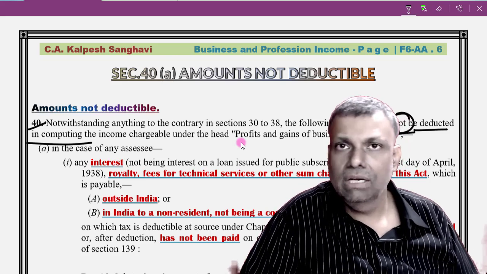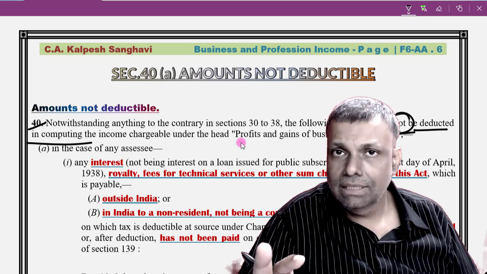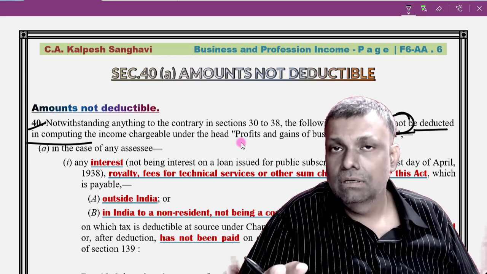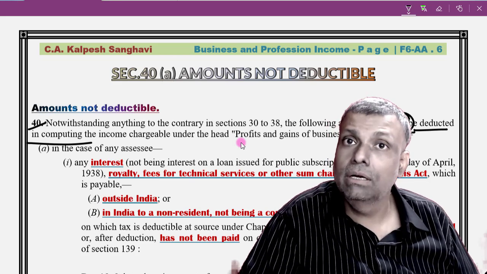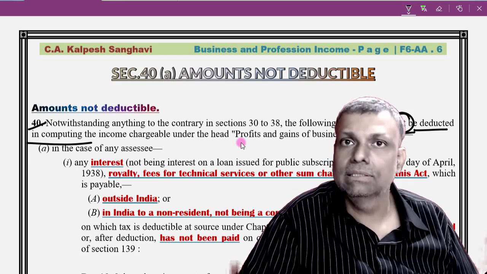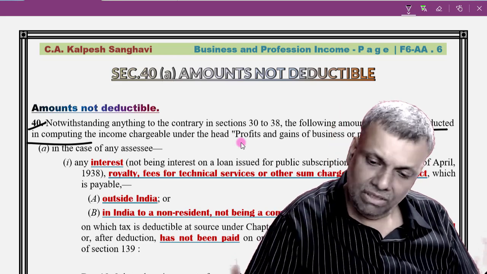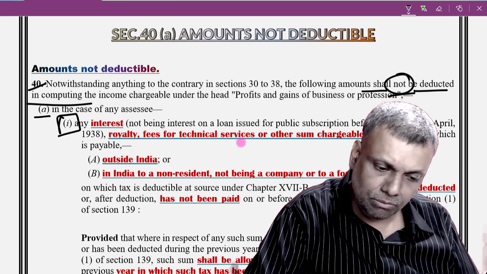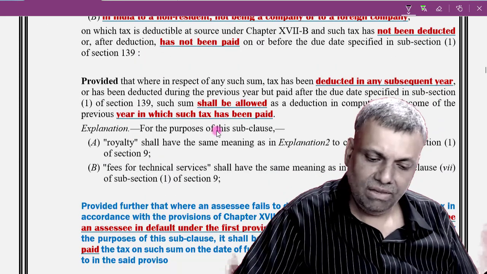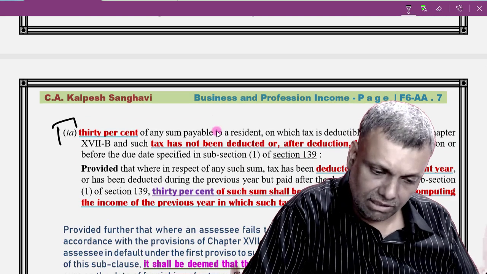Basically, section 40(a) is a type of disallowance where the TDS compliances have not been done. I repeat, where the TDS compliances have not been done. Now, this is divided into different parts. See, 40(a) sub-clause 1. First of all, let me chart down the section number 40(a)(i).